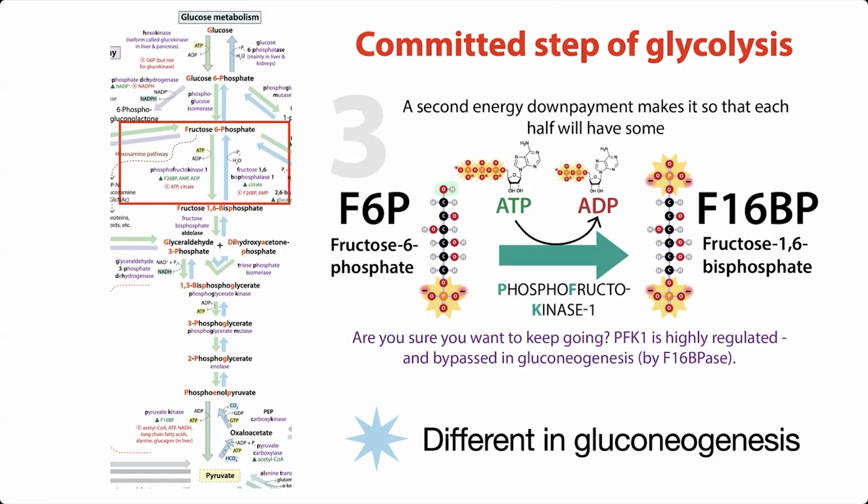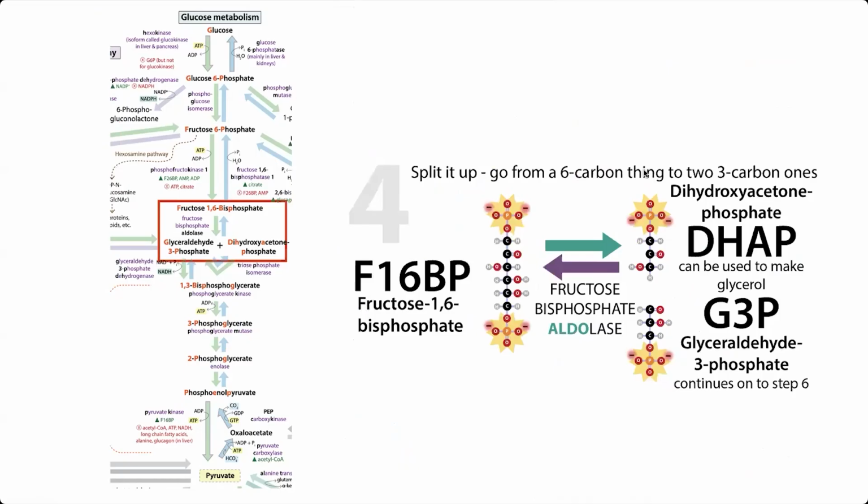And thus each part would be stuck inside the cell and kept from floating out because you've got that charge group on it. Additionally, if we split this directly in half, we're going to end up with two pieces that are interconvertible between one another. So now that we've got it phosphorylated on both ends, we can go ahead and do that splitting.